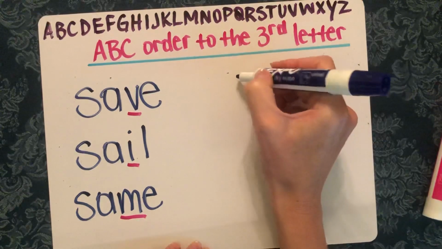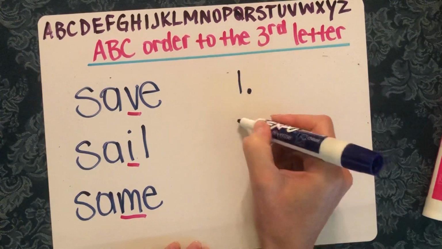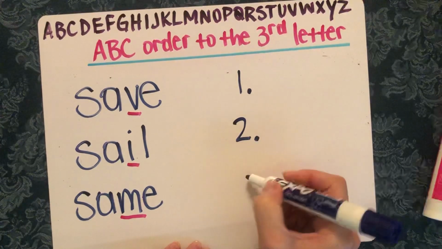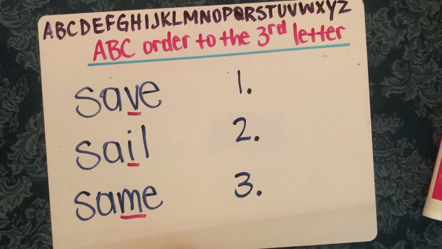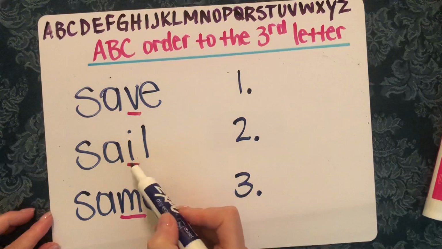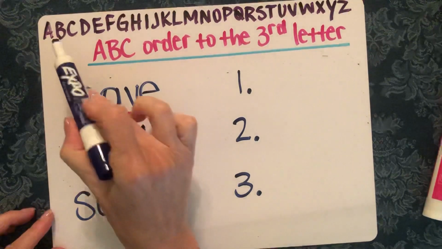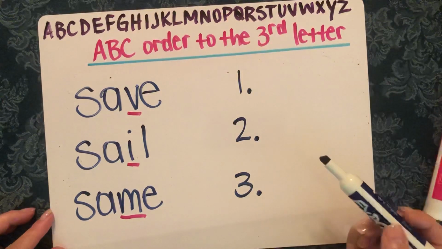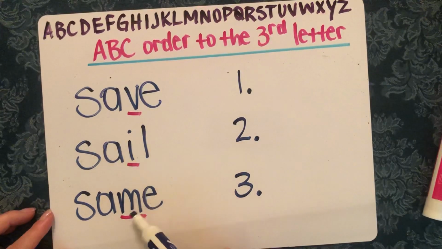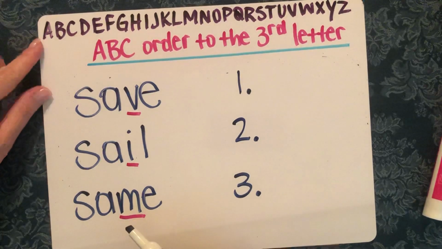And then over here, I'm going to number my paper so we can put them in ABC order. We're going to look to the third letter, and then look at our ABC order line to help us. Which of these third letters comes in ABC order first? Let's look at our alphabet line.